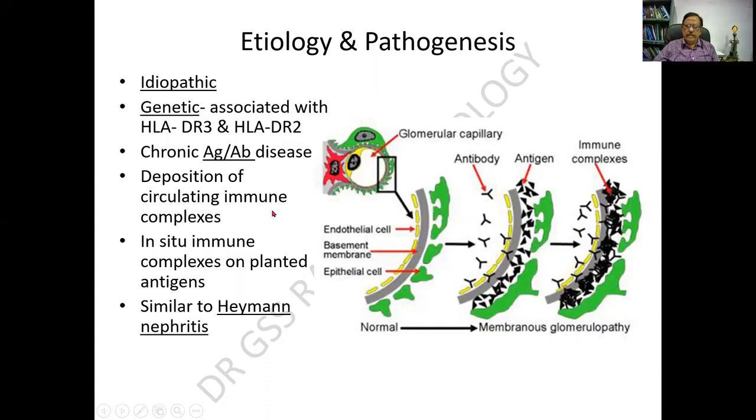There is a deposition of the circulating immune complexes in this case. And in certain other cases, you find the pathogenesis is somewhat similar to the Heymann nephritis. In Heymann nephritis, in between the cells, you will be finding the deposits of complexes of antigen antibody. Once this is there, there is inflammation and the damage.